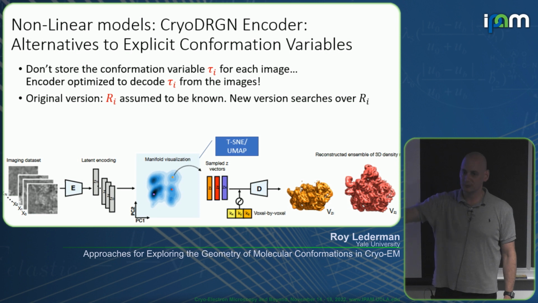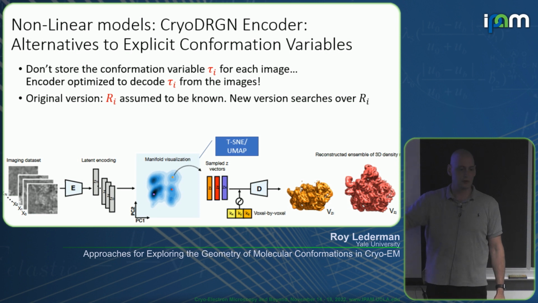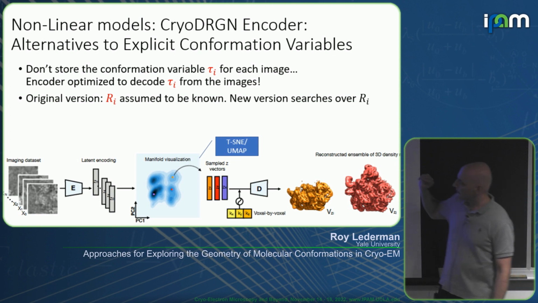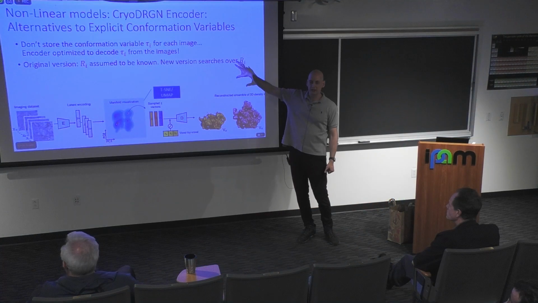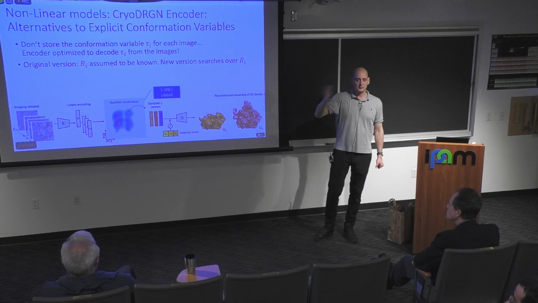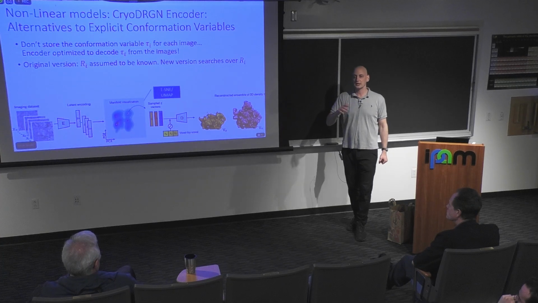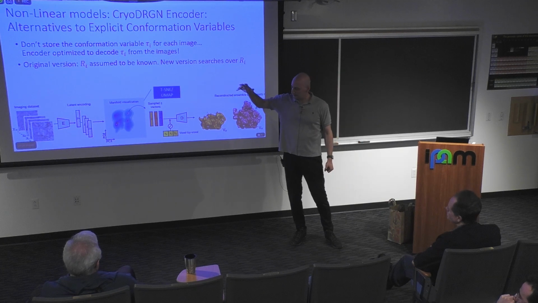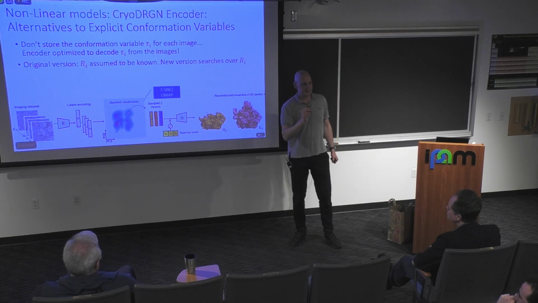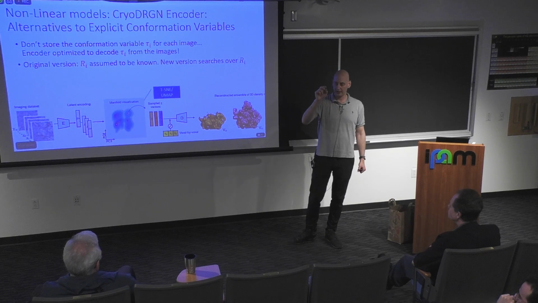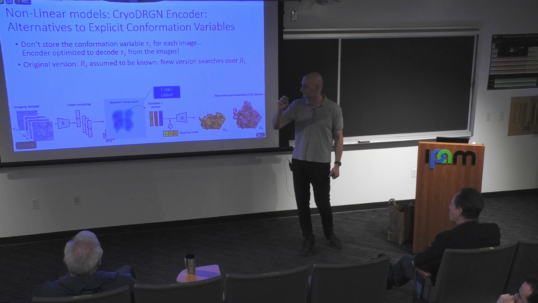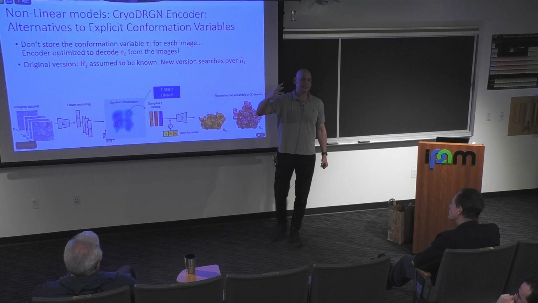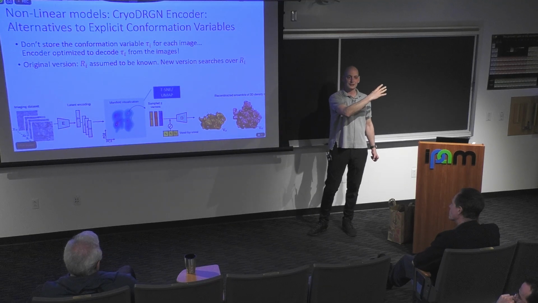We're trying to search over all the different orientations for each individual image. And instead, what's done in Cryo-Dragon and subsequently in many of the other work on this is, instead of memorizing and updating a variable for each one of these images, each one of these images goes into an encoder, and that magically spits out the variable.